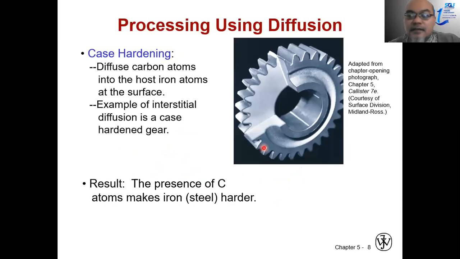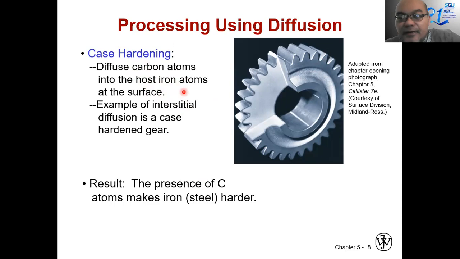So diffusion is the mechanism, and then we can make use of this mechanism for material processing, among others, like for hardening material, to diffuse carbon atoms into the host iron atoms at the surface to build steel, stainless steel, for example.